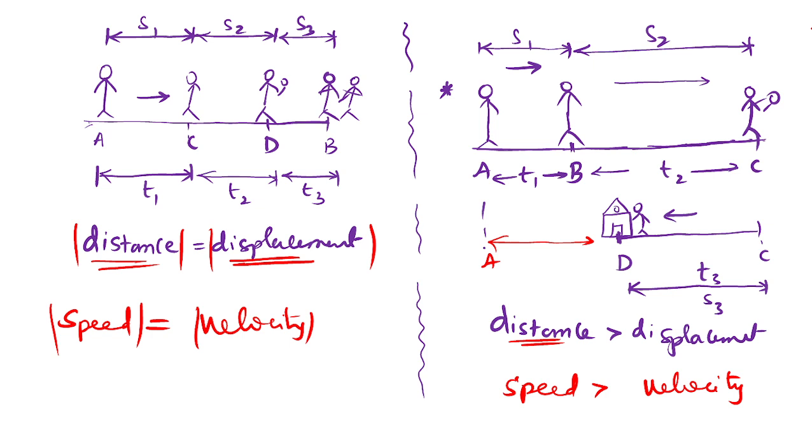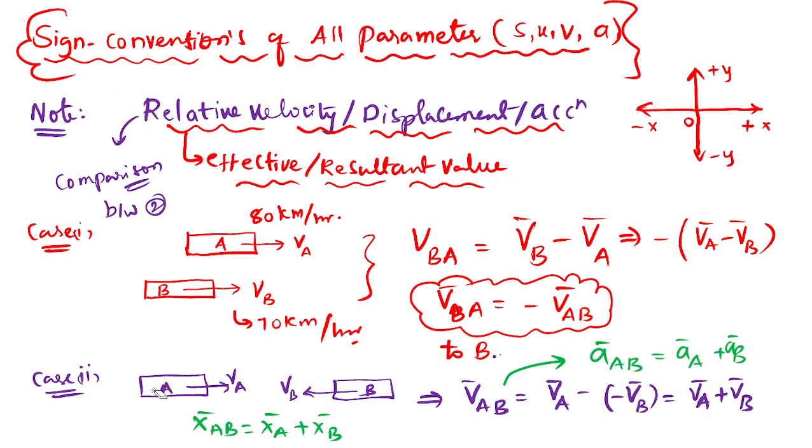Just note down if you want to. So in this case, average velocity V is also equal to... no need to write. We'll directly do it there. Okay, let's go to the concept here.